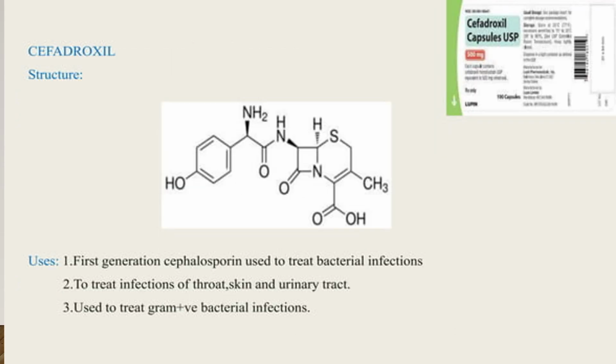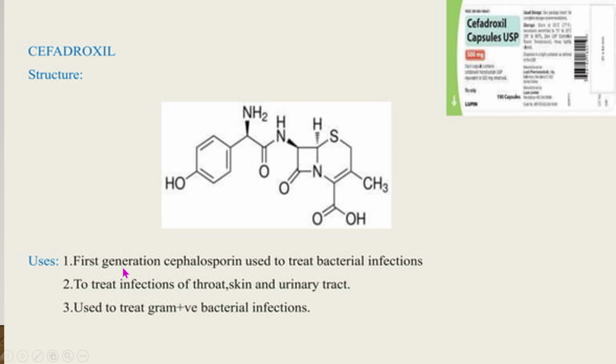Our second antibiotic is cefadroxil. See the structure of cefadroxil, containing a 4-member beta-lactam ring fused to the dihydrothiazine ring containing sulfur and nitrogen as heteroatoms.